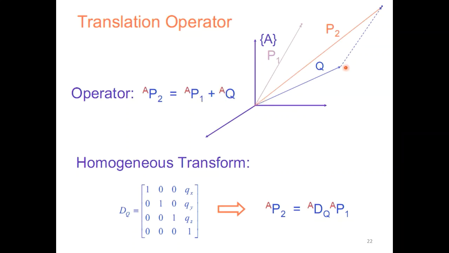So Q is the displacement, right? P1 is the original vector, this one, and you move it from here to here, and this is P2, right? The end point is over here. So what you want to do is add this one to this one, right?